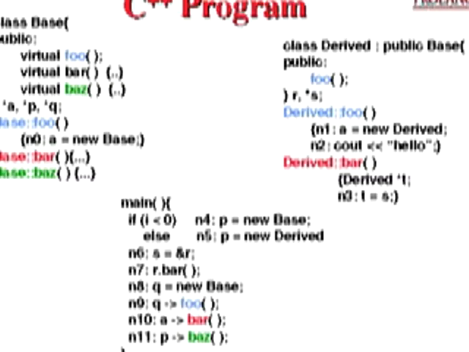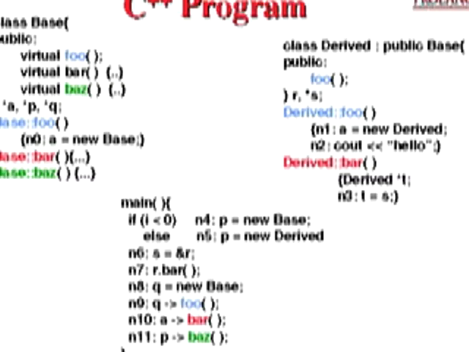And when we go down inside of this foo operation, we can see that there's a new object of type base created called A inside of foo, and therefore, when we come back to the main program, we know that this second call, where we see A is calling a bar function, has to be the bar over here because we know A is a base object, not a derived object.